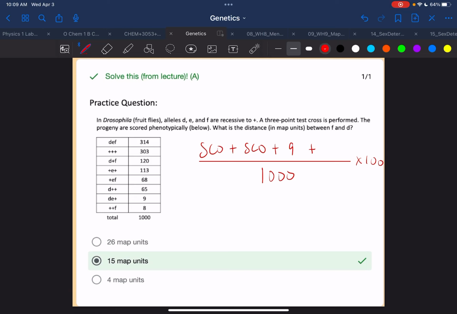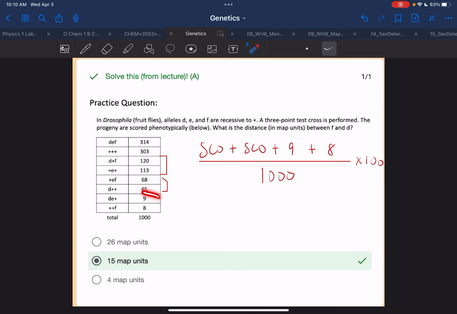That's 9, that's 8, and now it's really just between either these two or these two for the single crossovers. The way you figure out which of the two pairs to use is, first off, you have to figure out the gene order. Whichever gene is in the middle of the three letters is the one that changes in a double crossover.